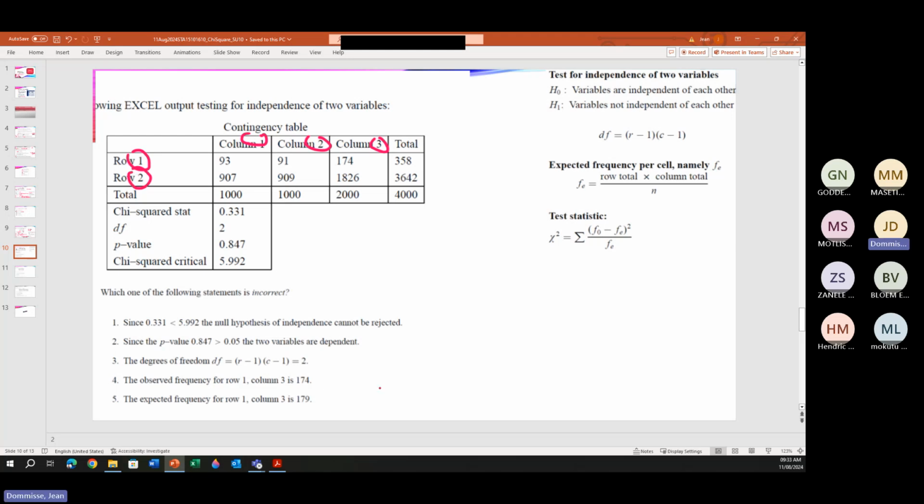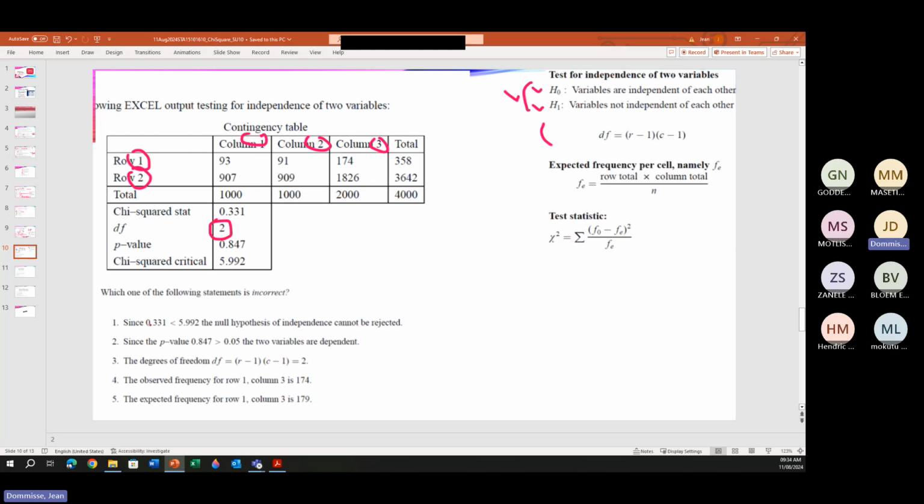Okay, so first, let's just check null hypothesis, alternative. Nowhere here do they ask it, so that component we don't cover in this question. Degrees of freedom. Okay, they tell us degrees of freedom is 2.